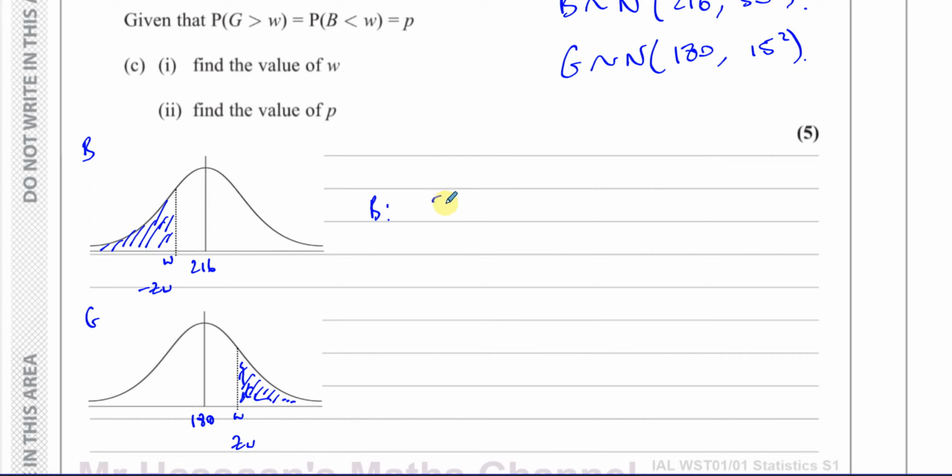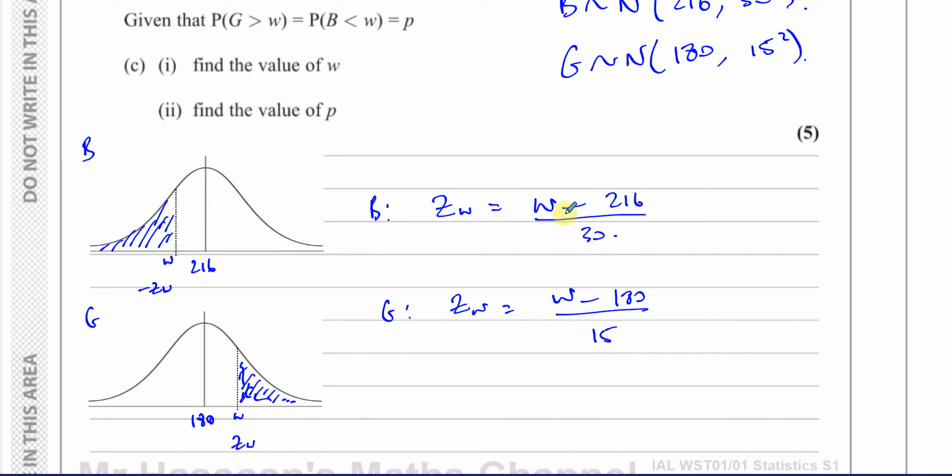We can say that ZW is going to be the value of W minus 216 over 30. And for the gorilla, the ZW value is going to be equal to W minus 180 over 15.